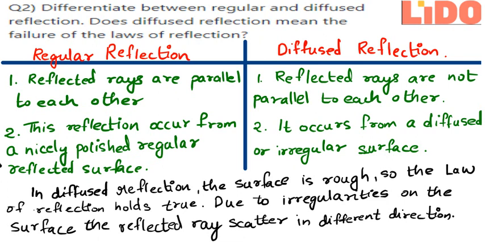So in diffused reflection, since the surface is rough, the law of reflection is true. And why? Because due to irregularities on the surface, the reflected ray scatters in different directions, and thereby the law of reflection will become true for diffused reflection.